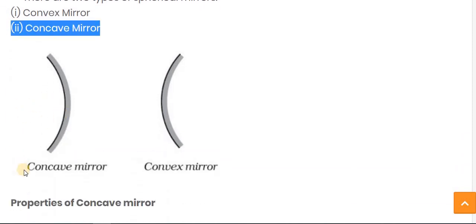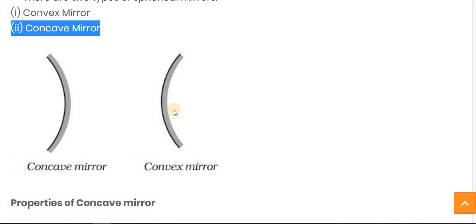This is an example of the concave mirror, in which the outer surface of the mirror is polished and the inner surface is used for light reflection. So this kind of mirror is called a concave mirror.